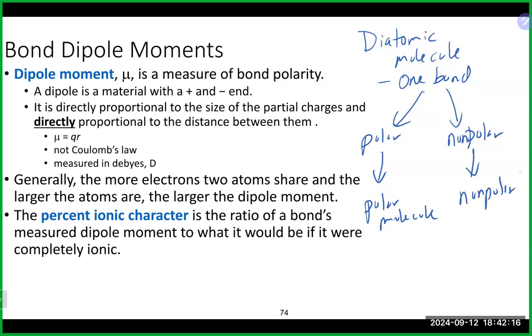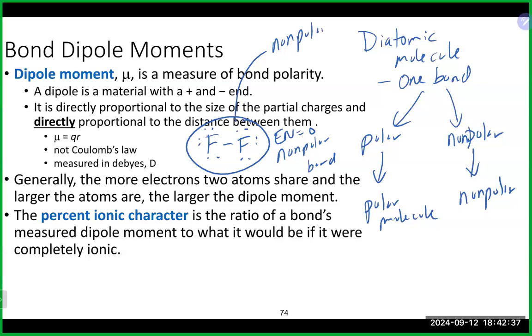So as we talked about, obviously F2 is going to have an electronegativity difference of 0, and that means that's a nonpolar bond. And once again, this would also be a nonpolar molecule, because that is the one and only bond that's in there.